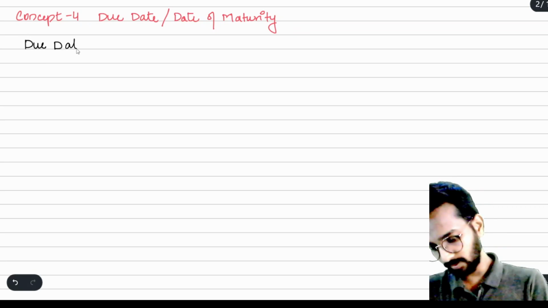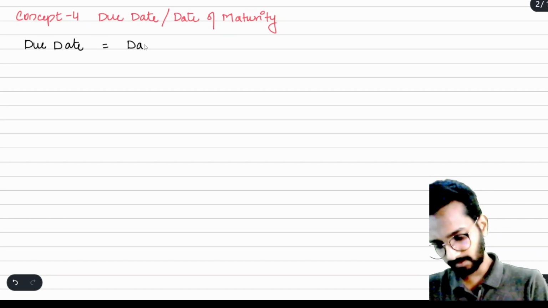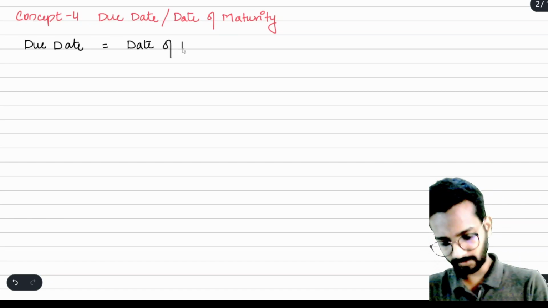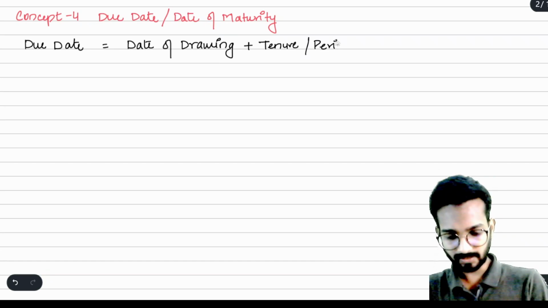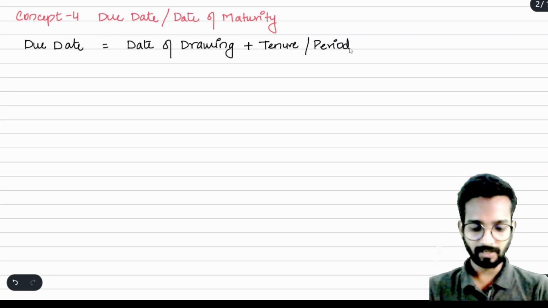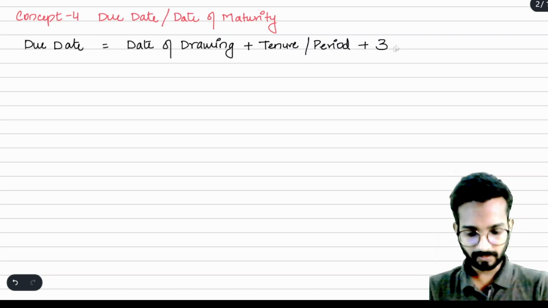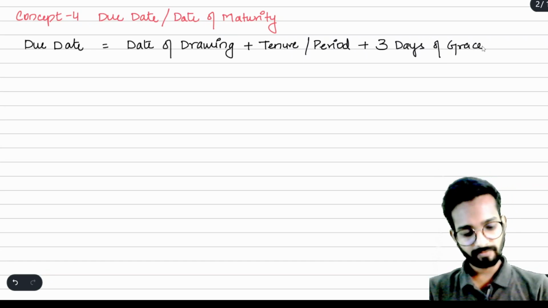Due date is equal to date of drawing plus the tenure, or you can say the period which is stated in our bill, plus 3 days of grace. Simple. We'll elaborate it so it will become very easy for us to understand.